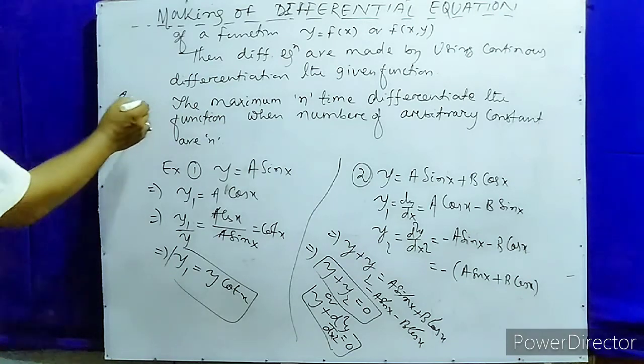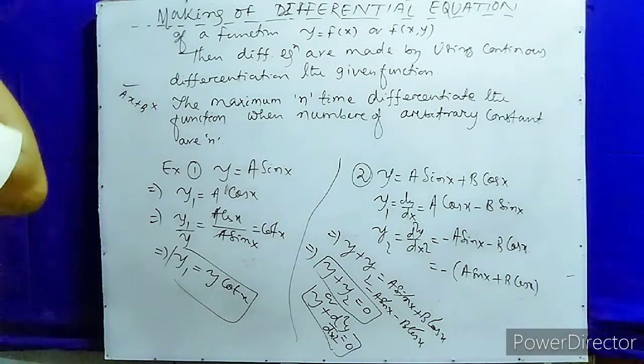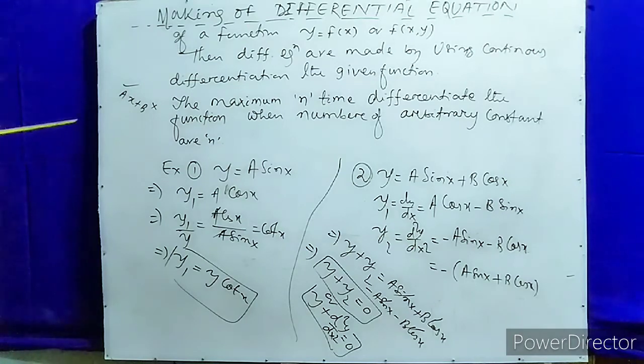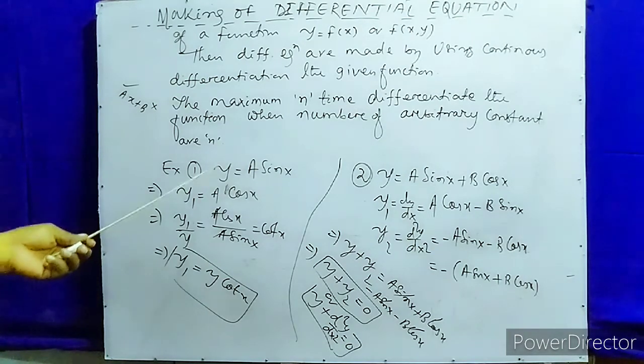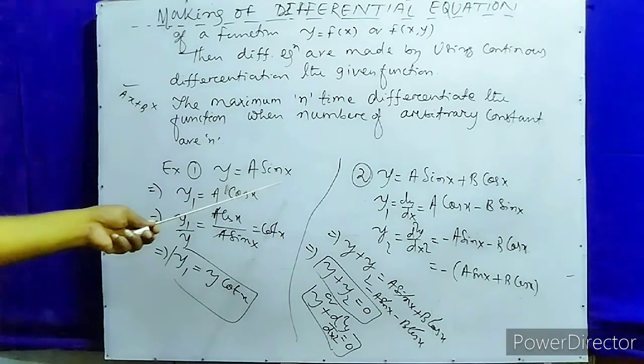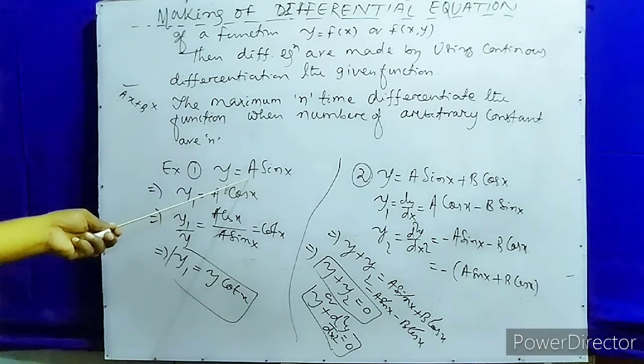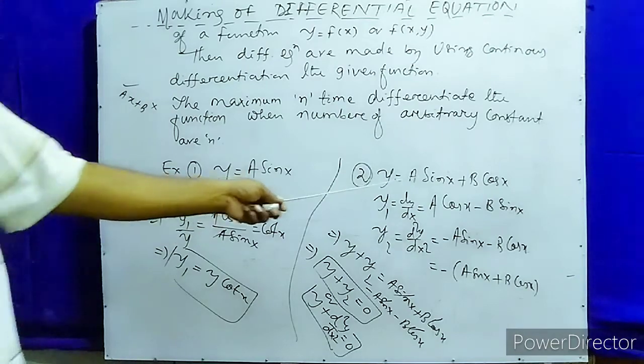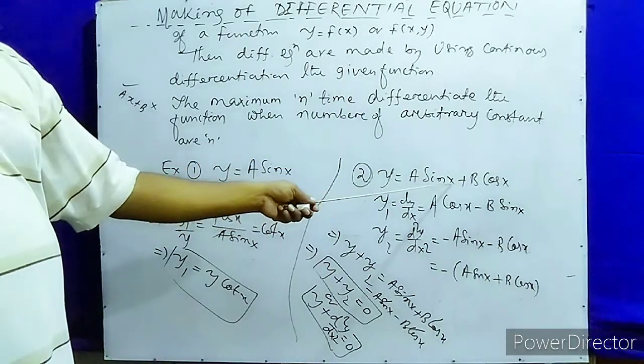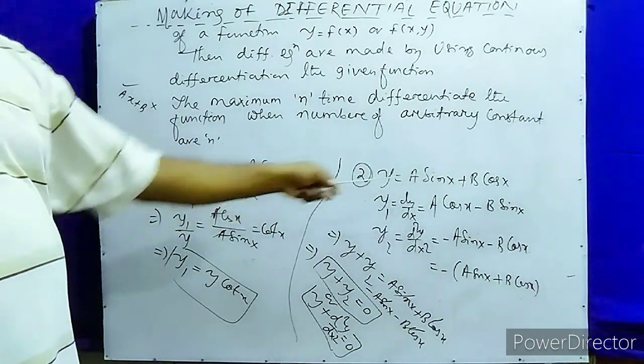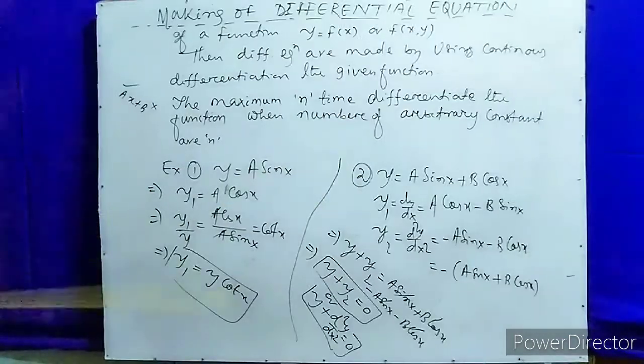Here b is not an arbitrary constant, but a is. Out of a and b, a is the arbitrary constant. Here x is the variable, and along with x, a is the constant, this is an arbitrary constant. Here a and b are two arbitrary constants, because along with the variable x there are two constants.